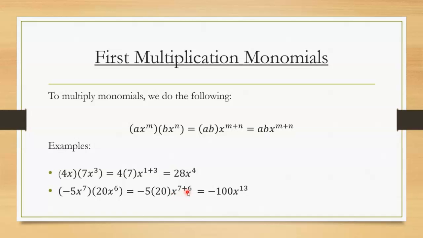So then we get negative 100 times x raised to the 13. Okay? And again, we're just adding the exponents for the variable. Are there any questions on this so far? Remember, I can't see the chat, so if you have a question, please use the hand raise feature.